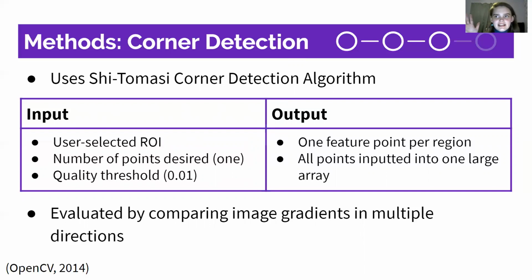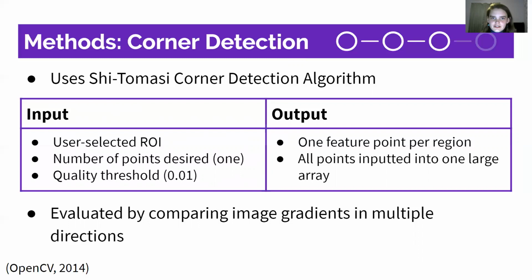That difference in intensity from the black to the white is considered an image gradient. And since that is identified in multiple directions, up and down and side to side, that point would be considered a corner. So these are the best points to use as feature points because they're easily identifiable in multiple frames.